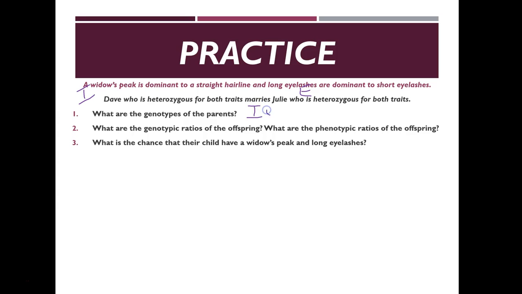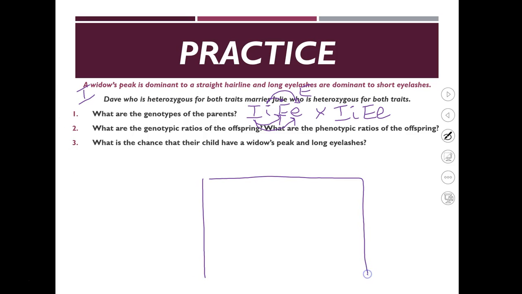So the genotypes of the parents. We know that they both have 2 lower cases and 2 capital letters, 1 of each. So they're both going to be the same. And this is going to give you, actually, at the end, a very common ratio that you're going to need to memorize. So let's do that Punnett square. If you remember FOIL, I with big E, I with little e, little i with big E, little i with little e. Try to make it a little bit bigger this time.